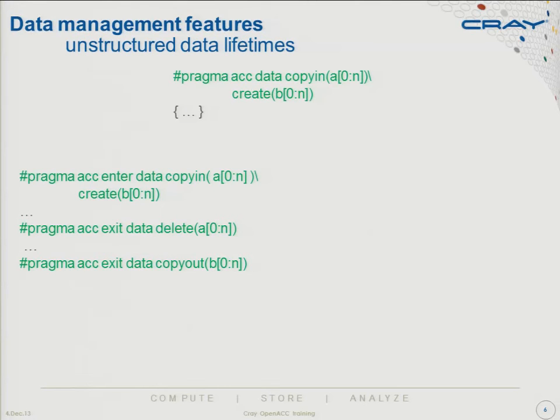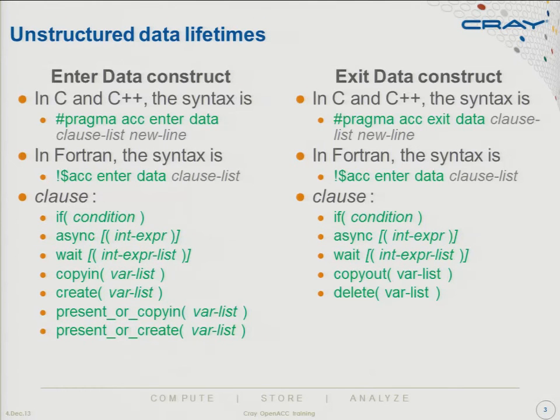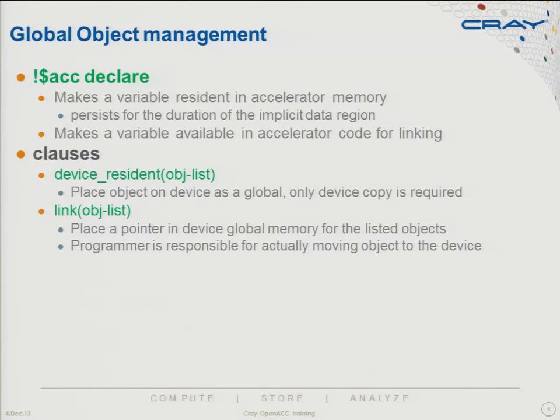So the idea there is that if data needs to move to the GPU, you say that at the enter directive. If data needs to come back from the GPU, you say it at the exit statement. That should say exit there, by the way. Sorry. I'm not going to go into what all the clauses are, but when you're doing that sort of unstructured data lifetime, there is a way to do it.